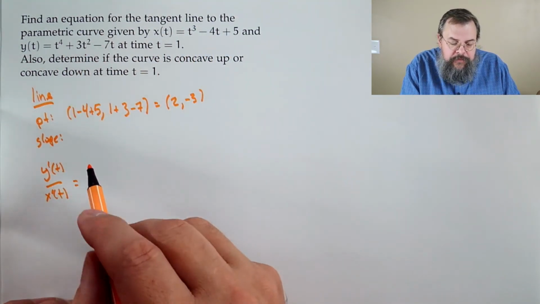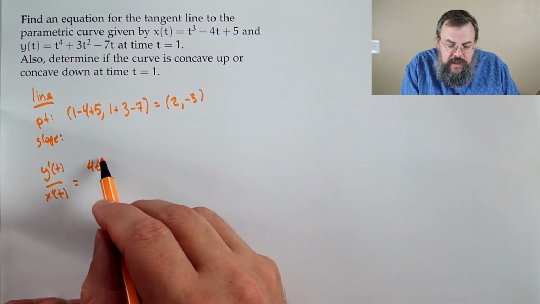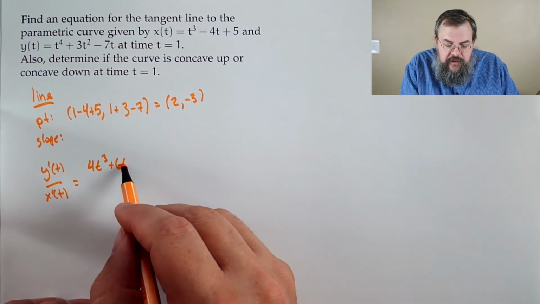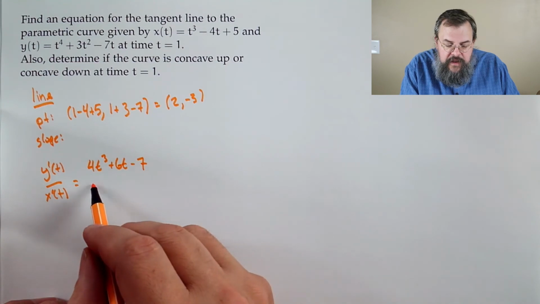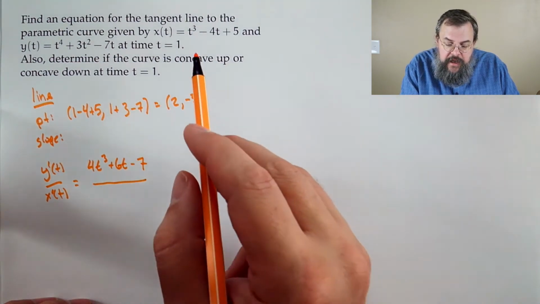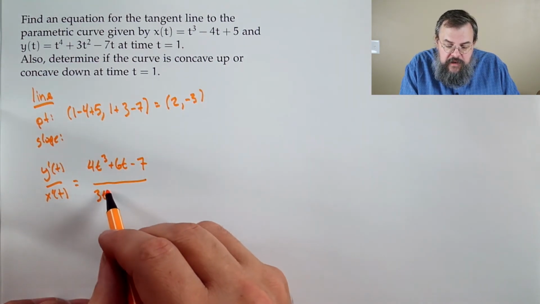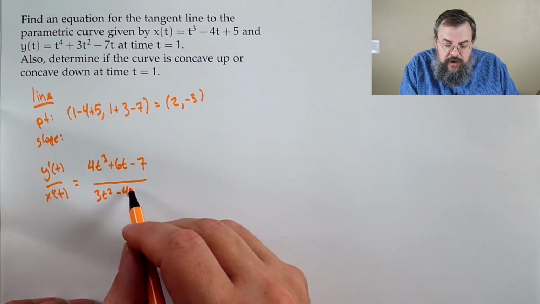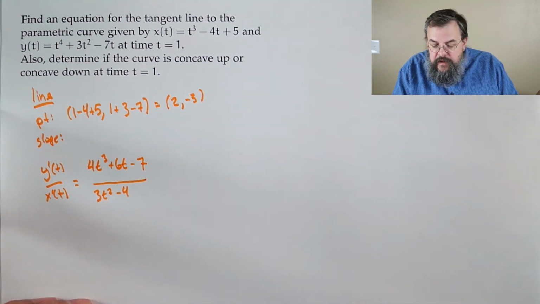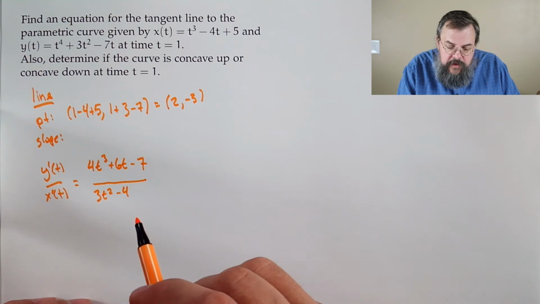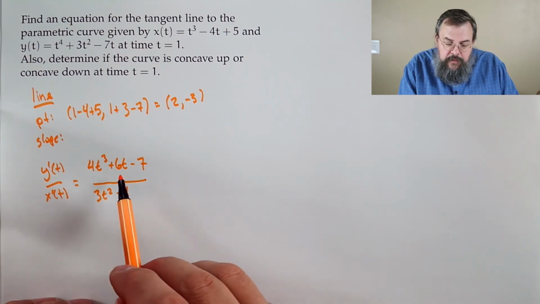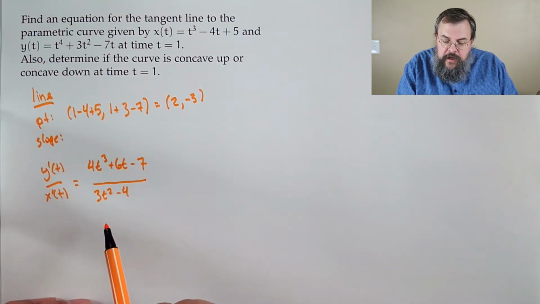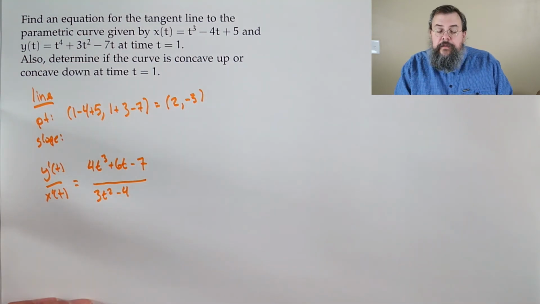That's y. So 4t cubed plus 6t minus 7, and divide that by 3t squared minus 4. And that's it, right? Yes, good. So 4t cubed plus 6t minus 7 is the derivative of y, and 3t squared minus 4 is the derivative of x.